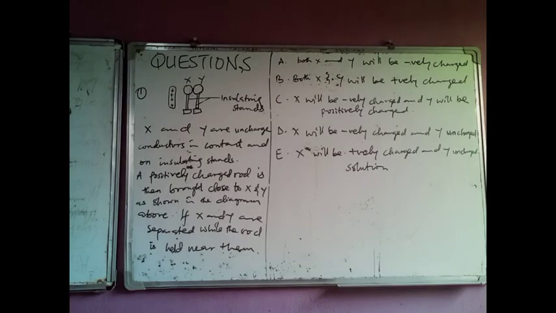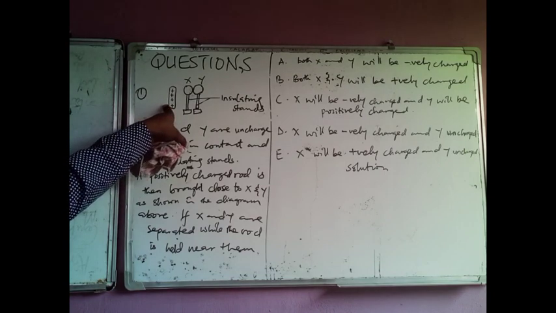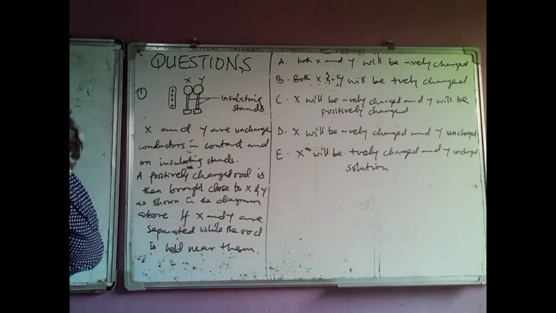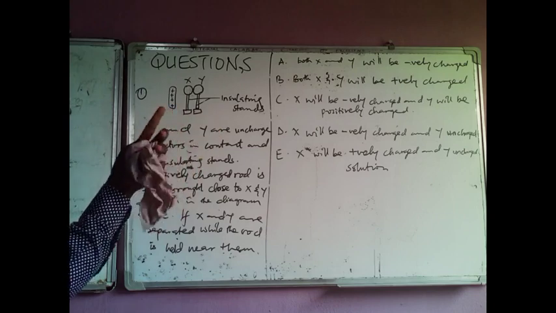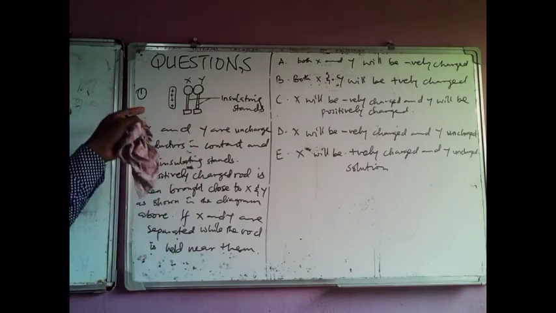All right, so let's consider some questions in this topic. We have a question before us on the board. I give the diagram whereby this is a positively charged glass rod. It can be anything, but it's a positively charged body.